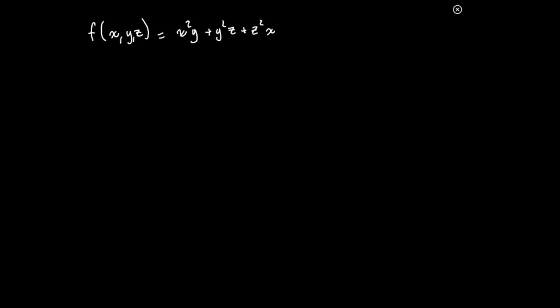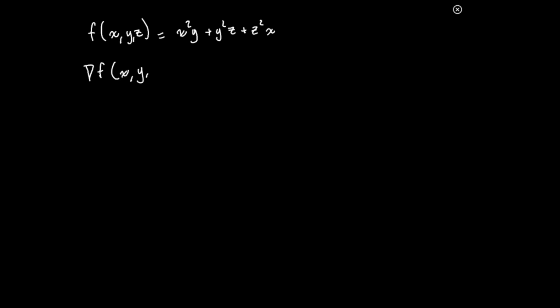Now for this one, we're not working with 2 variables anymore, we're working with 3, but the same idea applies. And that is that instead of just doing the partial derivative with respect to 2 of them, now we're doing the partial derivative with respect to all 3.